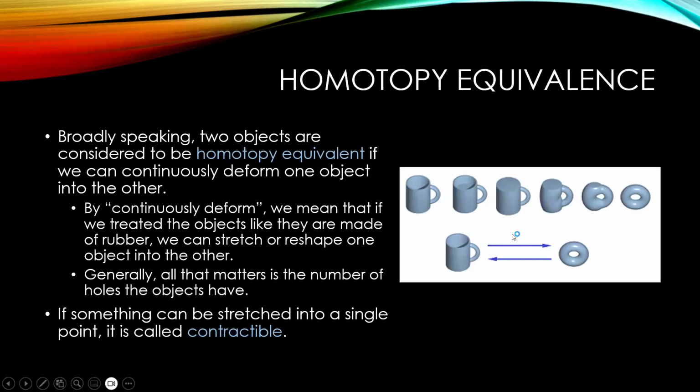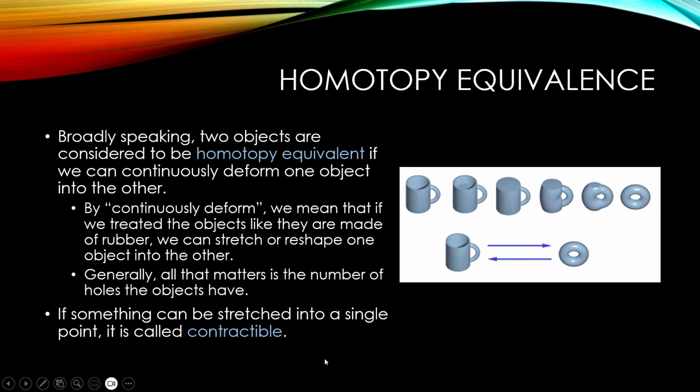And we'll talk about this one a little bit later, but if we look at the structure of a coffee cup and the structure of a torus, well, we can deform the coffee cup until it is the same shape as the torus. I just bring the bottom up until we have some solid structure here, and then we can stretch that solid structure down until we have ourselves our torus.